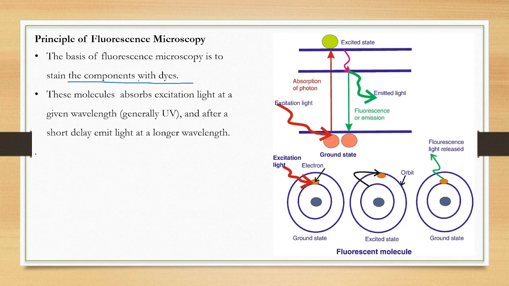The molecule absorbs excitation light at a given wavelength, maybe blue, and after a short delay it emits light. It absorbs the light, moves to a higher energy state, and then emits light of a longer wavelength. This is the principle of the fluorescent microscope.